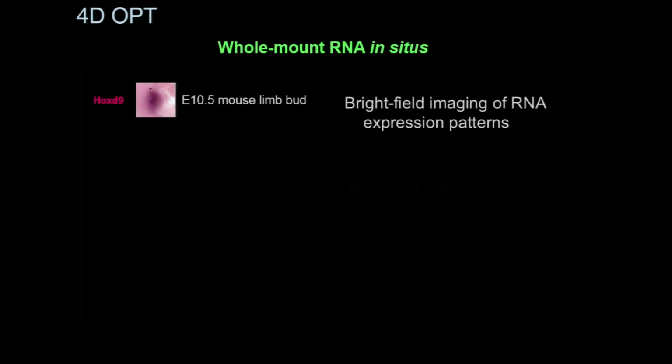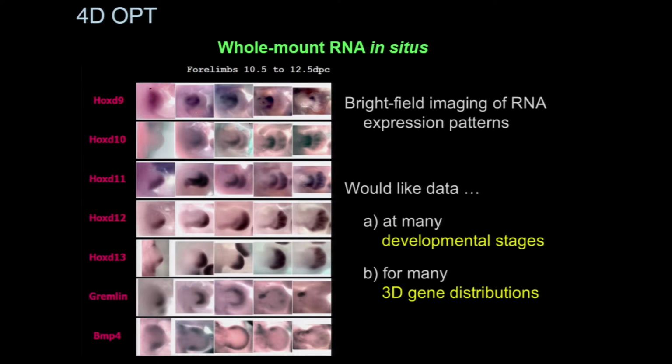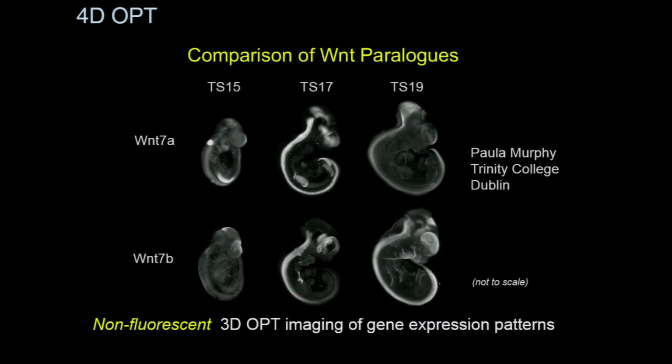What we'd like to see is this sort of thing over many time points at different developmental stages and for many different genes. And of course, these are just 2D images. What we want is the 3D. As I said, to get these nice images, we have to clear the samples so they're dead.